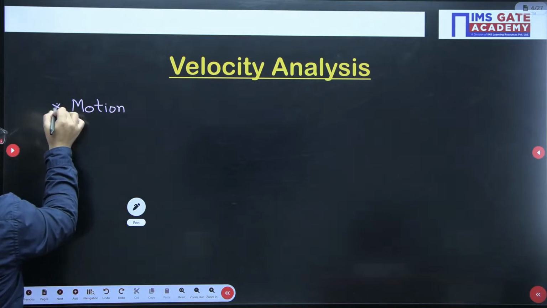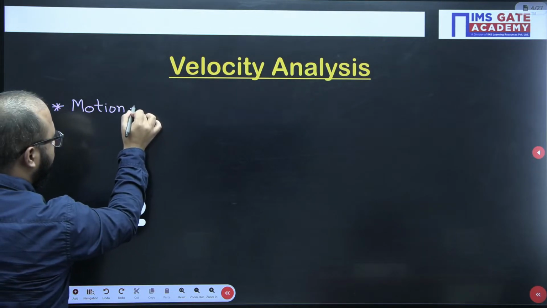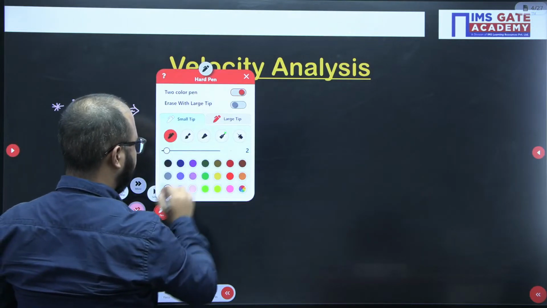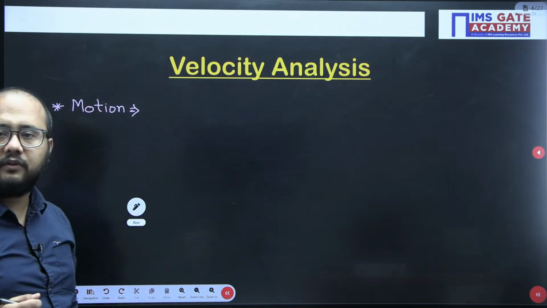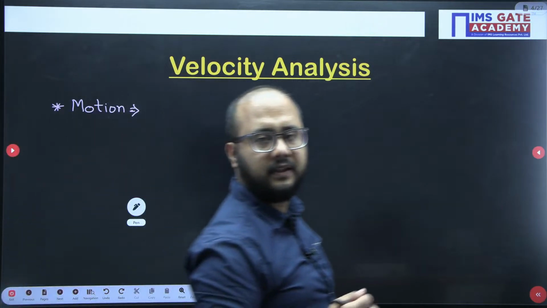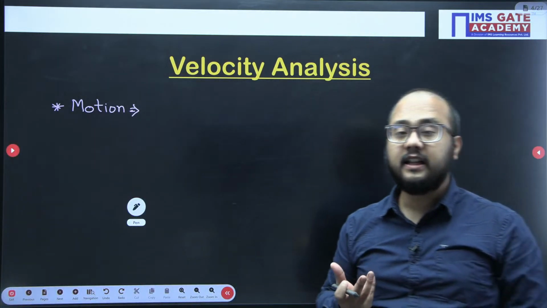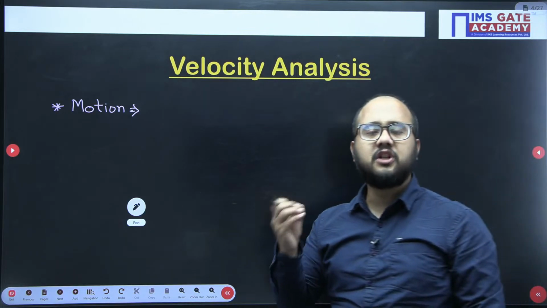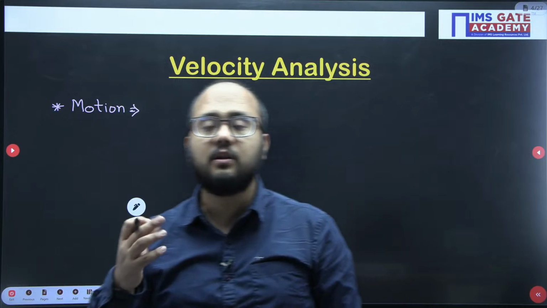If I ask you what is motion, what will be your answer? Motion means when there is a change in position. Whenever there is a change in position, we can say motion is there.